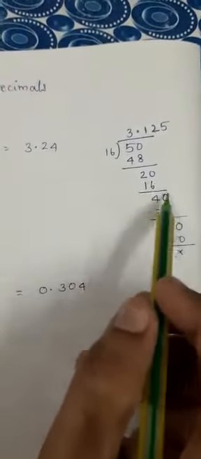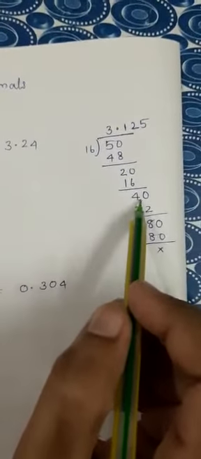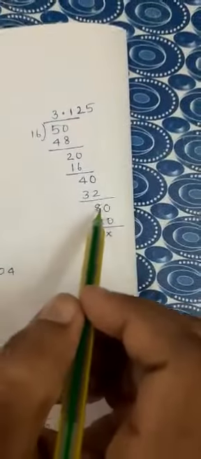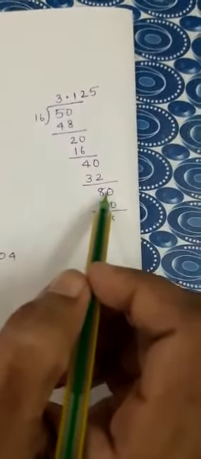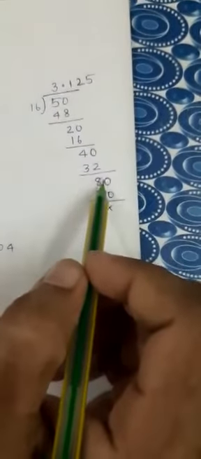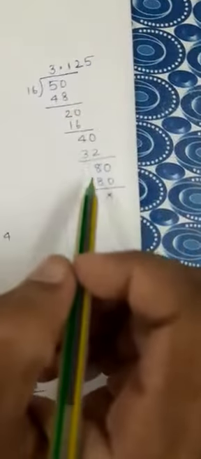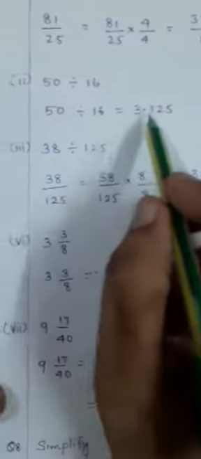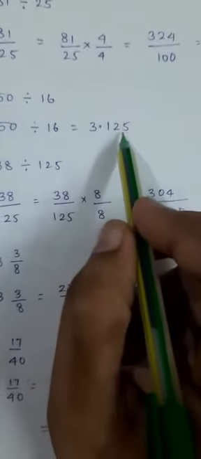So 16, subtract, 4, 40. 40, 2 times. 16 2s are 32. Again subtract, 8. Again put 0, 80. 16 is contained 5 times in 80. So 50 divided by 16 is equal to 3.125.